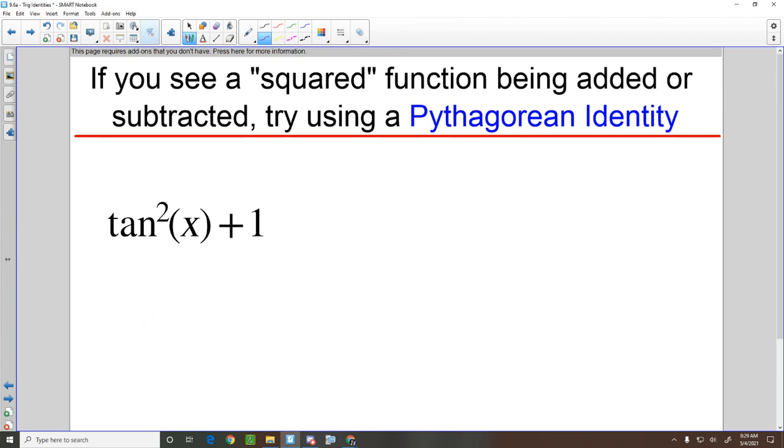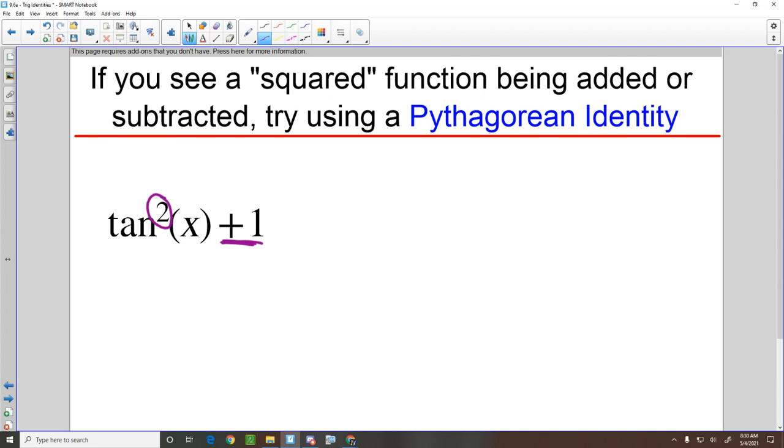If you notice there's a trig function squared anywhere, that should be your first indicator to think, okay, wait a minute, before I replace these right away, could there be a Pythagorean identity? That's where you want to look for something else being added or subtracted. Typically a plus 1 or a minus 1, but it also might be a second trig function, like that first Pythagorean identity, the cosine squared plus the sine squared.